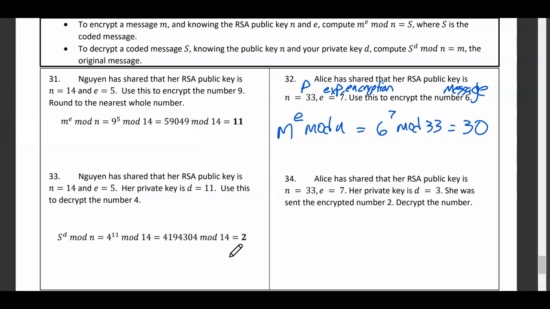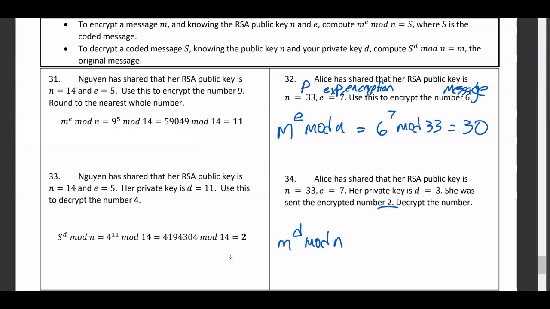Now we're Alice, and somebody sent her the number 2. She wants to decrypt it. So the message is always the base, and E for exponent to encrypt something, and a D to decrypt something.